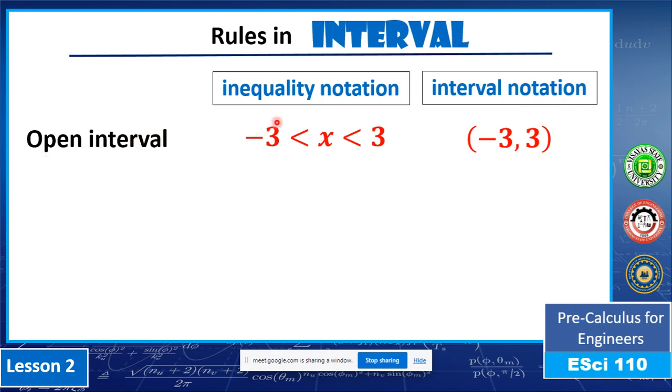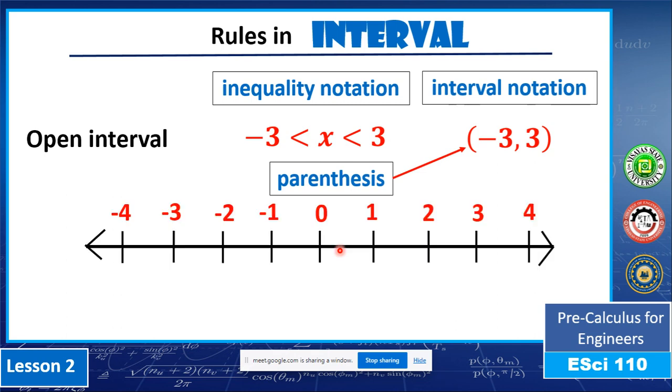When we say open interval, these are strict inequalities. So we have -3 less than x less than 3. Since it is open, we're going to use parentheses on both, since these two numbers are not included. If we're going to draw this, we have a number line and we locate the two numbers.